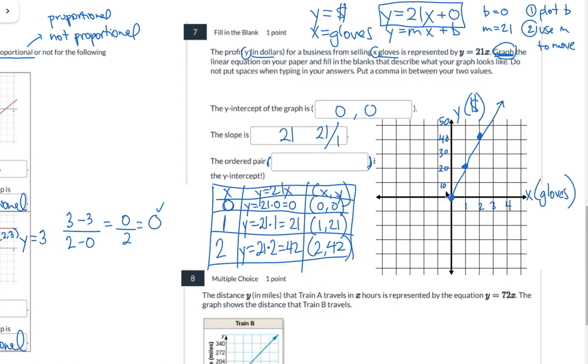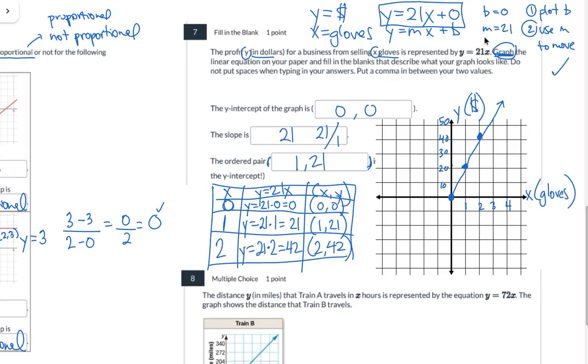So my slope is 21 over 1. I would go up 21 over 1. Well, check. It works out and we get on the same line on the graph. Okay? So for the ordered pair, if you had made a table of values, you could have just chosen one of the values from your table that was not the y-intercept, because the instruction said not to choose that one.